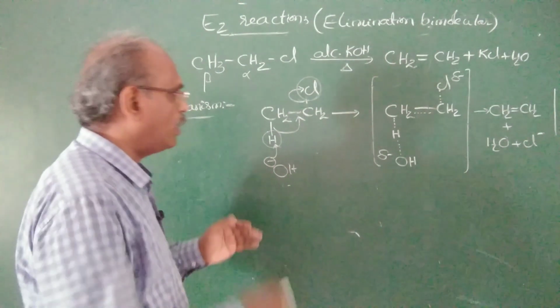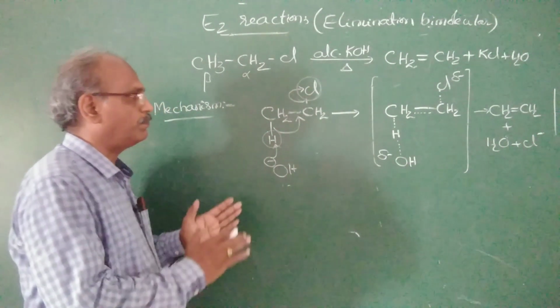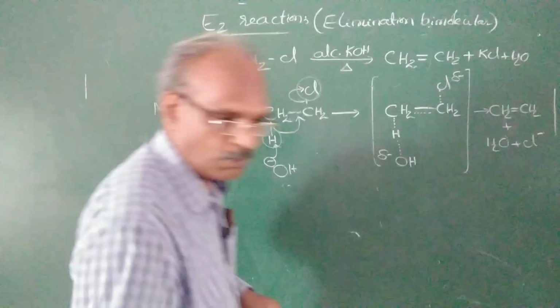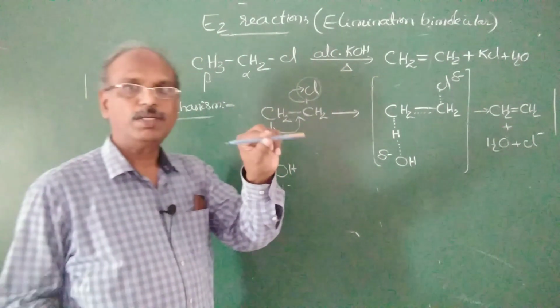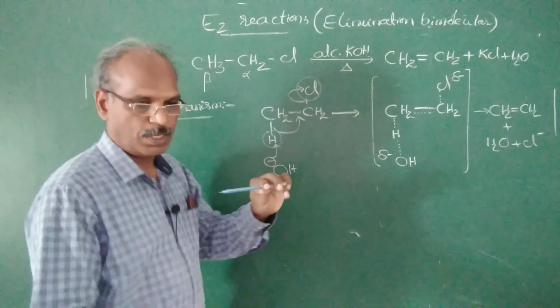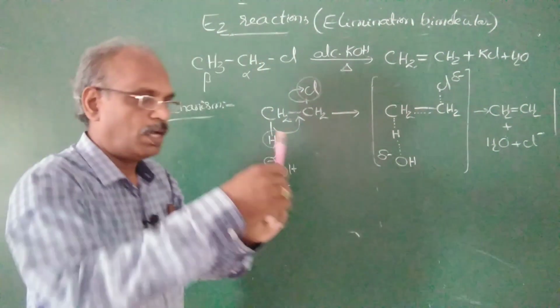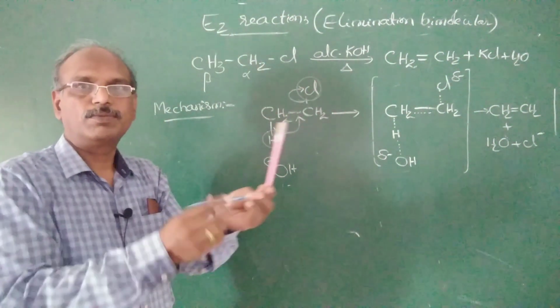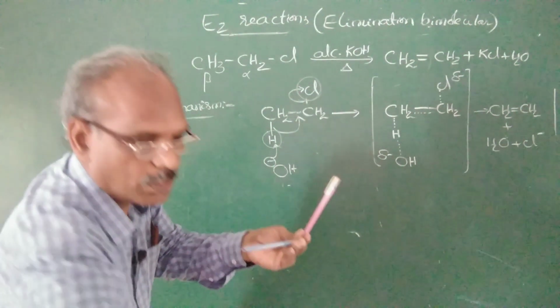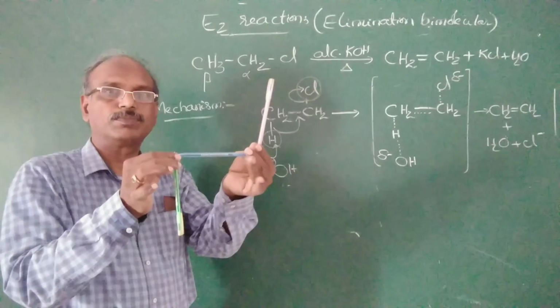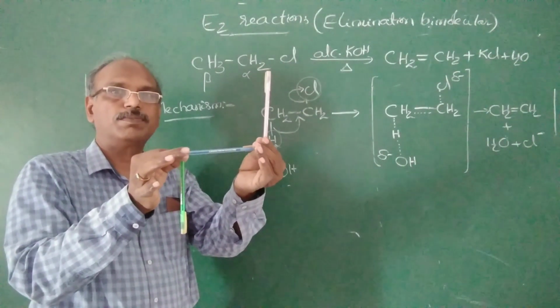Now, what is the necessary condition? See, all of you look at this. Say this is the carbon-carbon bond, and say this pink colored one is the halogen, and say this is the hydrogen in anti-orientation.